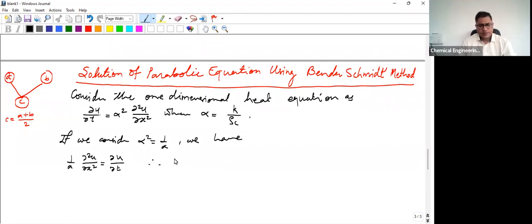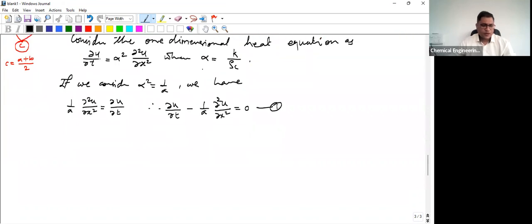Or we can write this as ∂u/∂t minus 1 by a ∂²u/∂x² is equal to 0. Let this be equation 1. If we compare this with the standard format, then we know that this is going to be the parabolic equation.